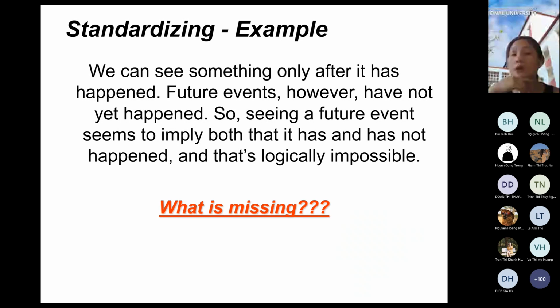Read carefully. Seeing a future event seems to imply both that it has and has not happened, and that's logically impossible. So we actually have two pieces of information here, and we can break it right here with the linking word and, isn't it? Seeing a future event seems to imply both it has and has not happened in one part, and that's logically impossible in another part.